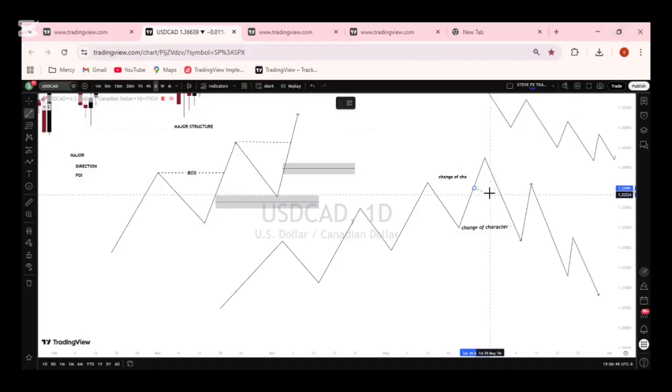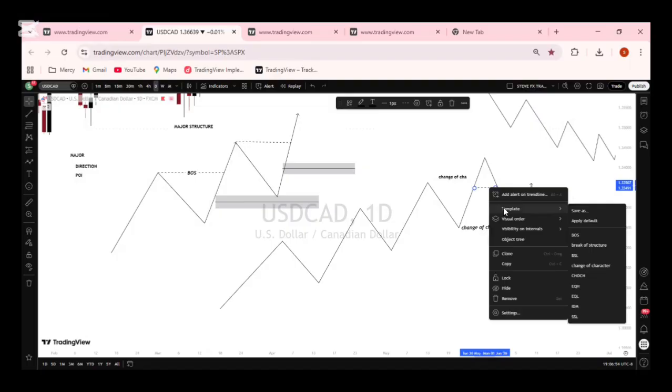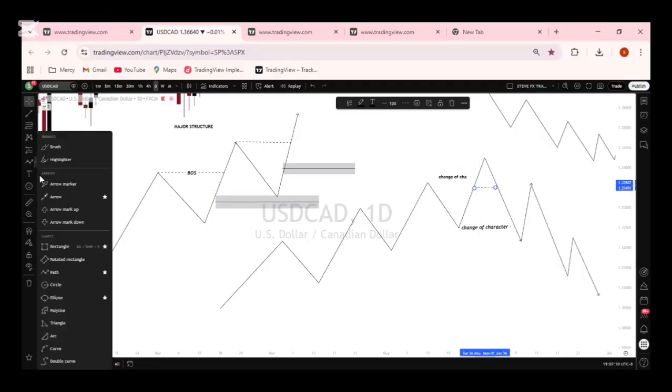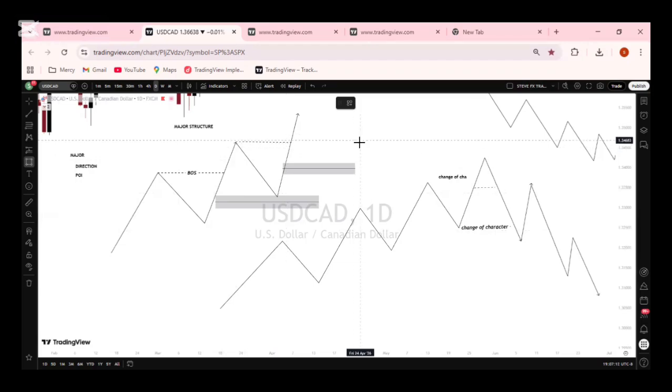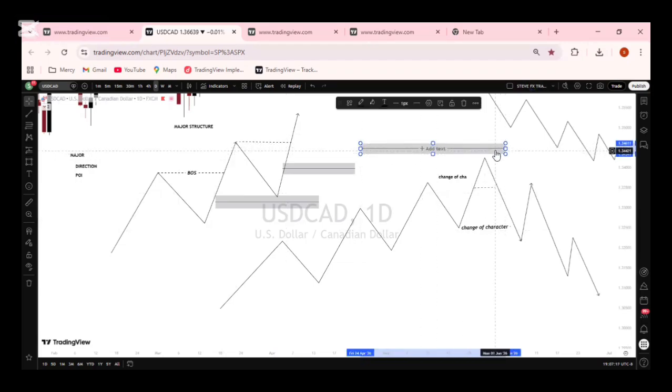When that happens, that is where you have your market structure shift, an early sign that the direction of the market is likely to start changing, especially when the market is reacting from a key level, for example supply and demand zones, and support and resistance zones.